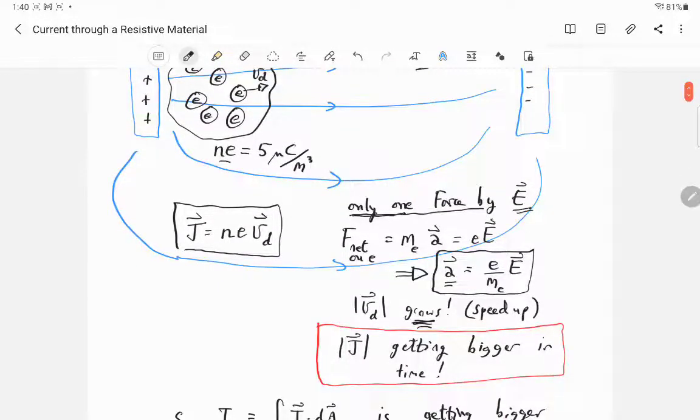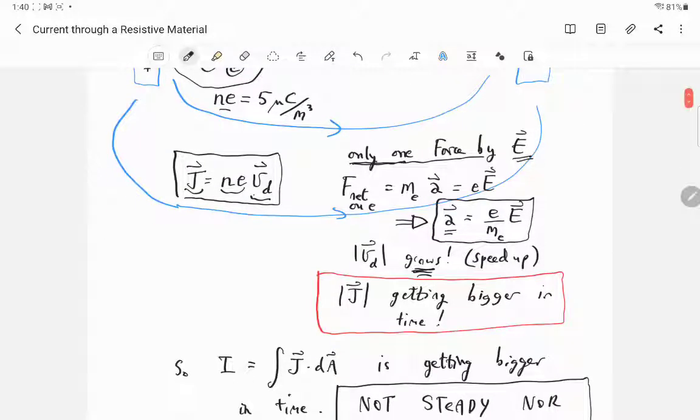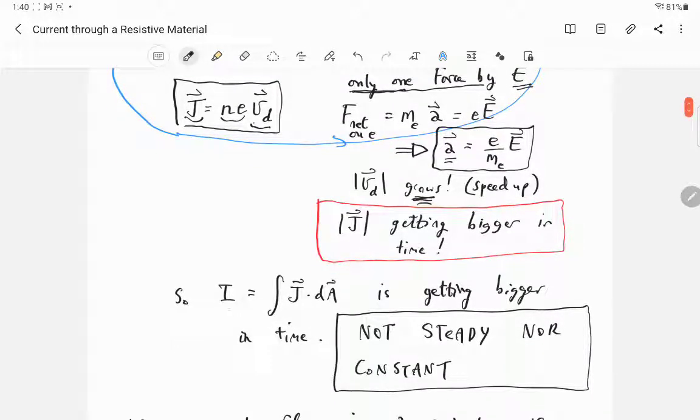And if the velocity is growing and the charge density isn't changing, then that means that the current density is growing as well. So the current density is getting bigger in time. The current is the integral of the current density. And so if the current density itself is growing, then the current itself, which is the thing we know how to measure with an ammeter, is growing.